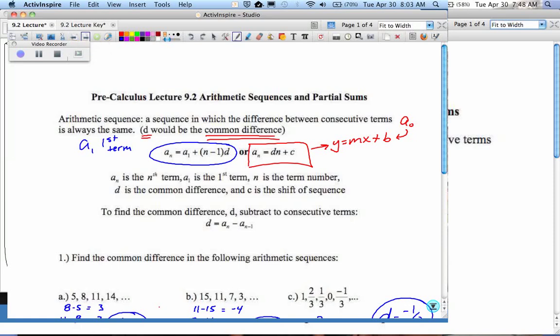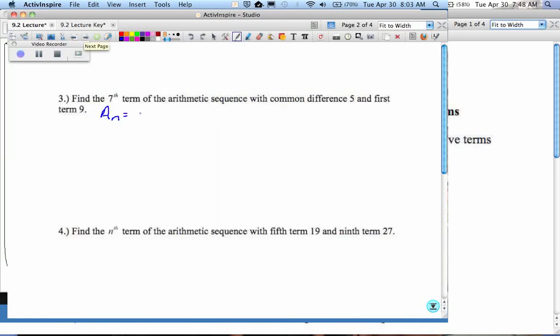So they ask you to put the first term here, plus n minus 1 times your d. So my a sub 7 will be equal to, they're identifying the first term as 9. Because I'm looking for the 7th term, that sets my n value to be a 7. And then d is 5.